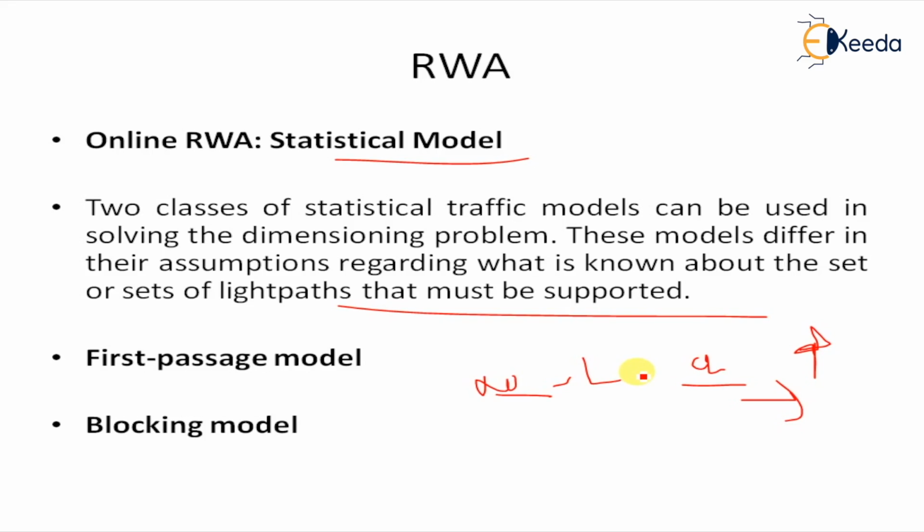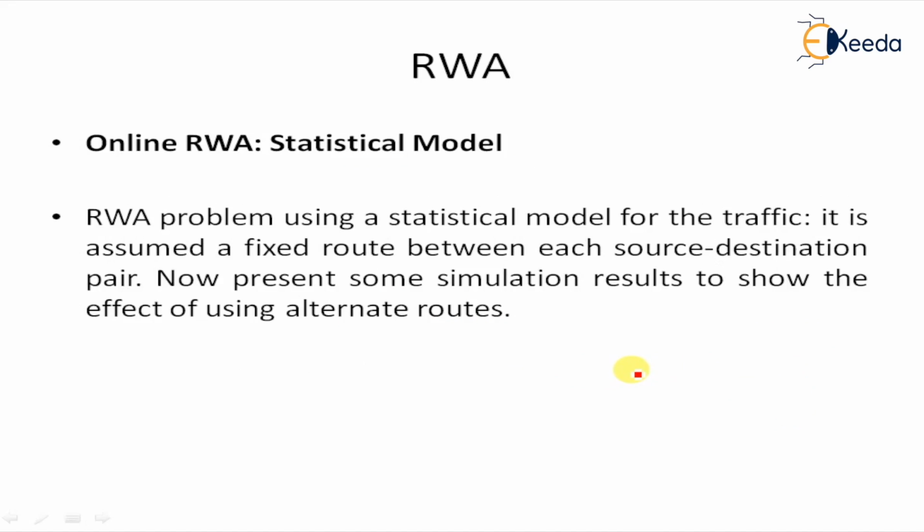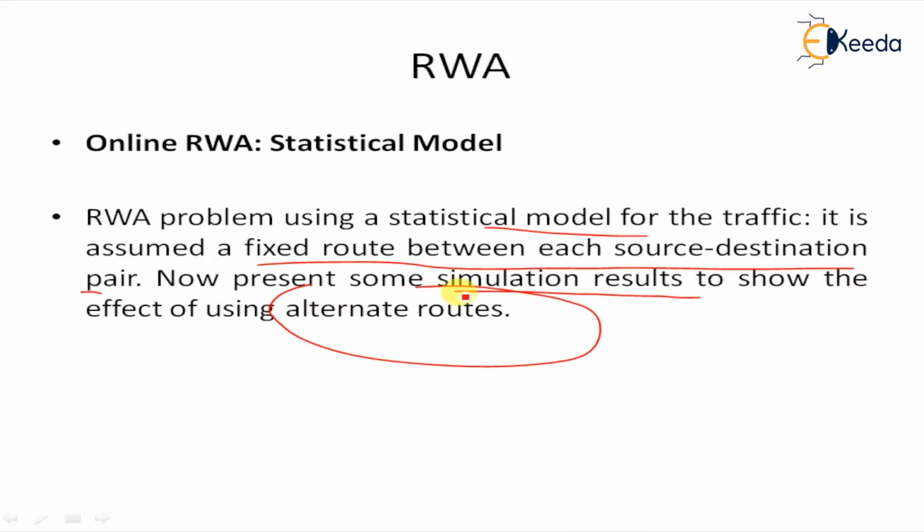The requests are assumed to arrive and depart at random instants according to the statistical model, and some of the requests may be blocked. For the RWA problem using a statistical model for the traffic, a fixed route is assumed between each source-destination pair, and some simulation results are presented to show the effect of alternate routes also.